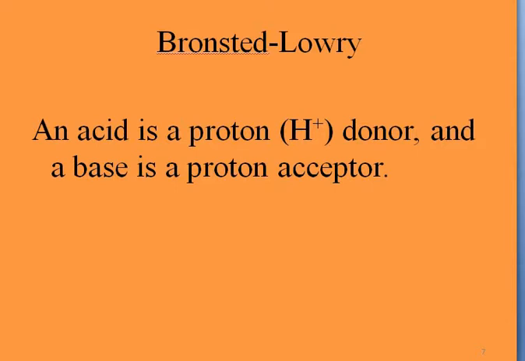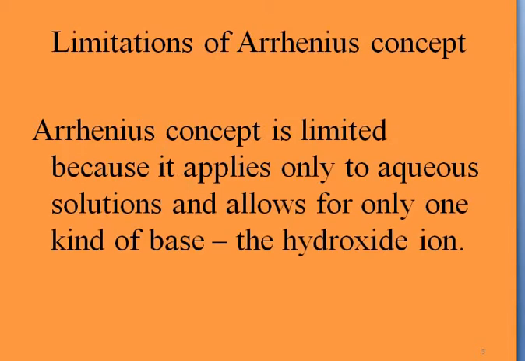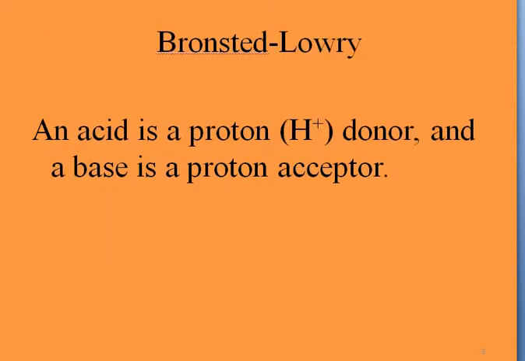If we go back, Arrhenius was saying that when an acid dissolves in water, it dissociates into its components and produces a proton, and a base, when it dissolves in water, produces hydroxide ion. Since that had some limitations, Bronsted-Lowry defined a new concept: an acid is the proton donor and a base is the proton acceptor.